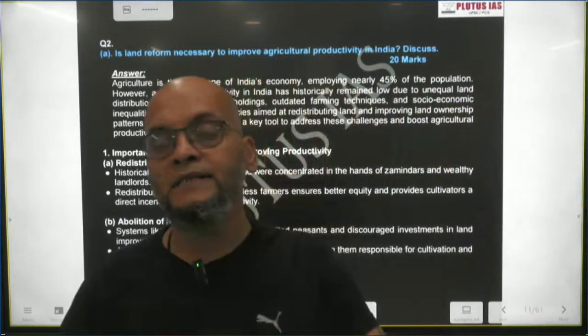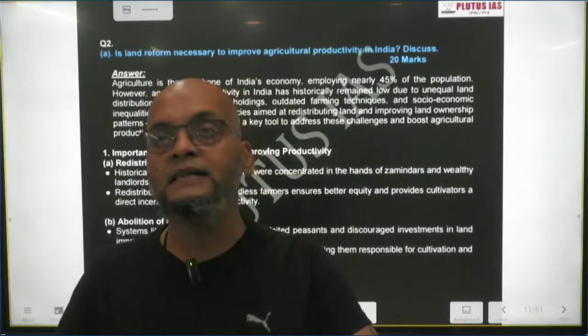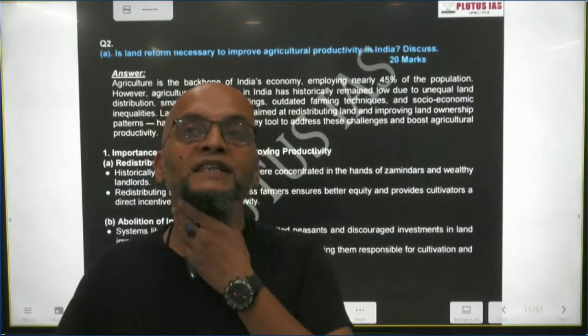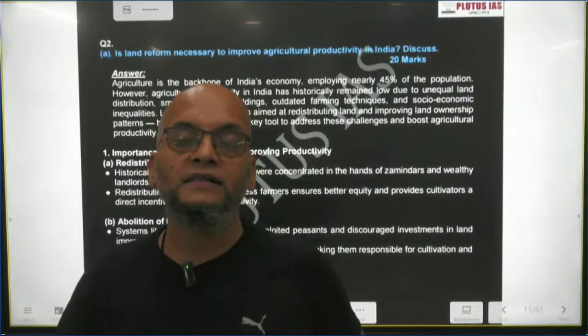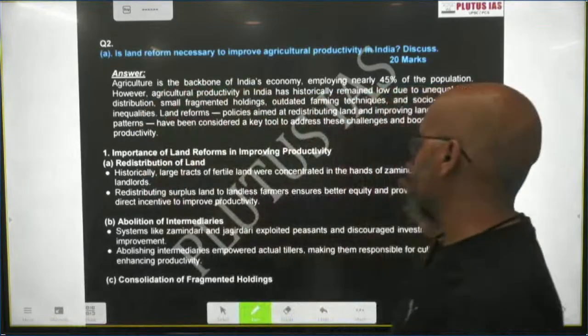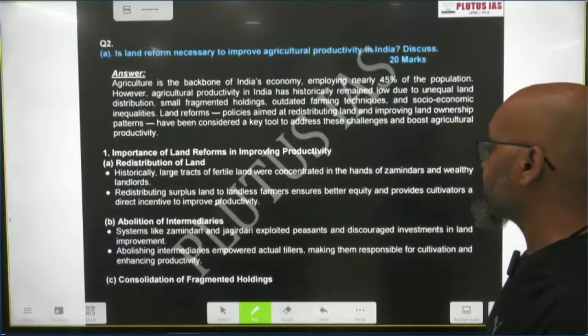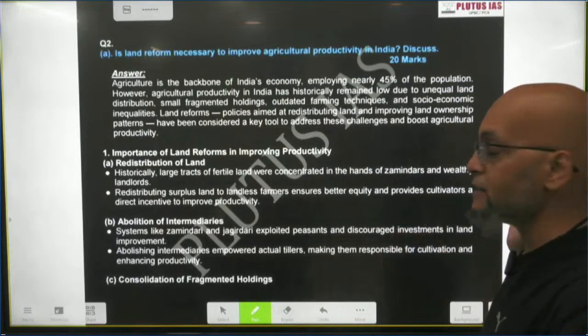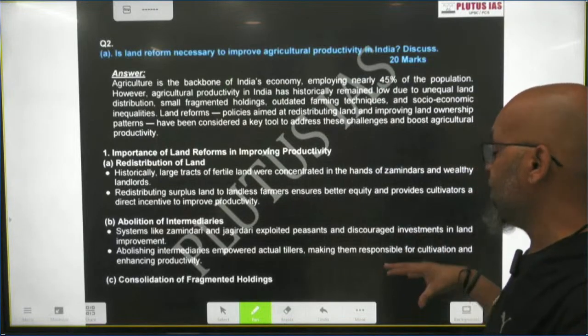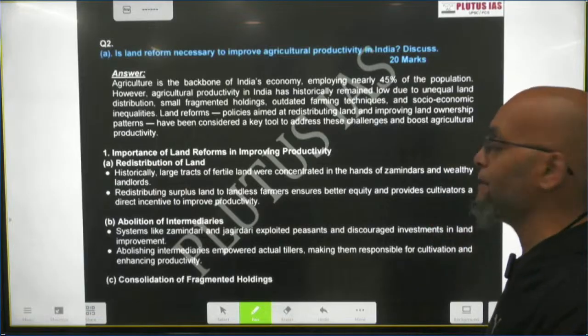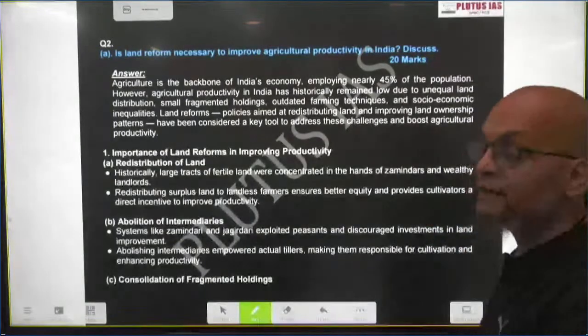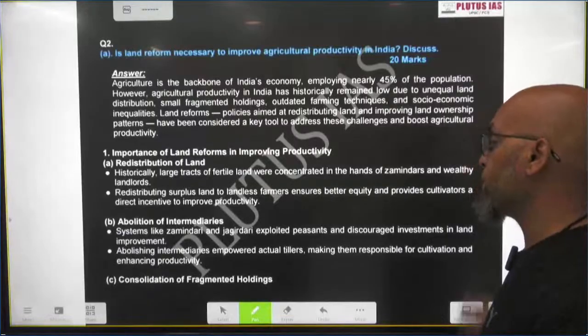So systems like zamindari and jagirdari were actually exploitative systems. Zamindars and jagirdars exploited peasants. When these systems and intermediaries were abolished, the tillers of the land became the owners of the land, and then productivity also improved.